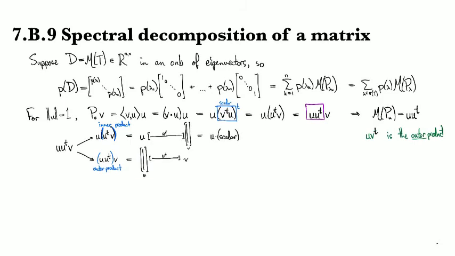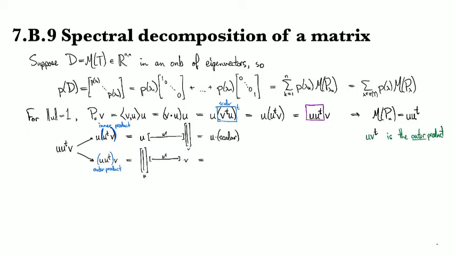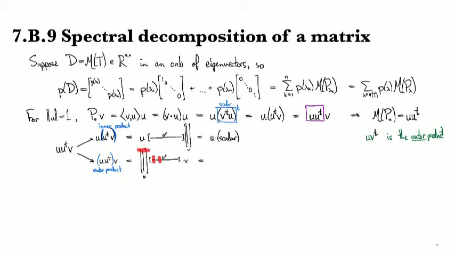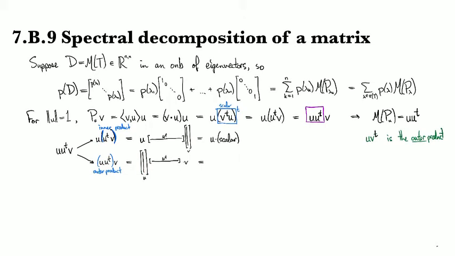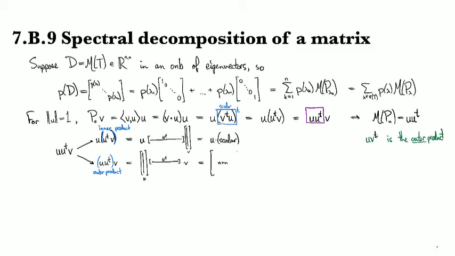And so what happens when you do matrix multiplication like this? Well, you're going to have row 1, column 1, row 1, column 2, row 1, column 3, up to row 1, column n. And that was all for row 1, but you also have rows 2, 3, up to n. So you're going to end up with a full-on n by n matrix here times v.